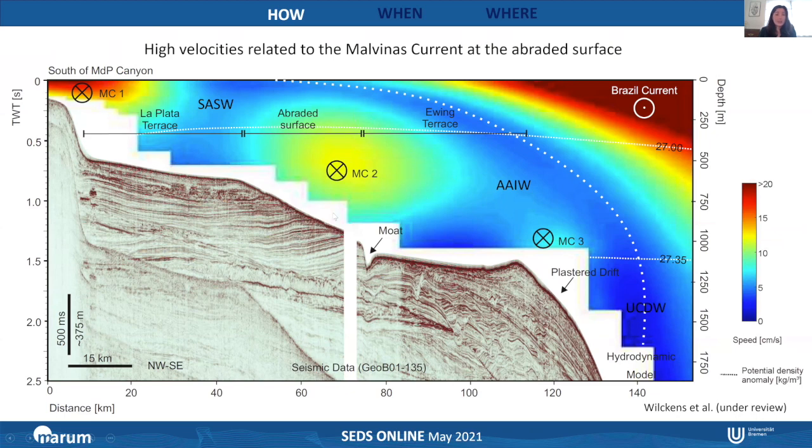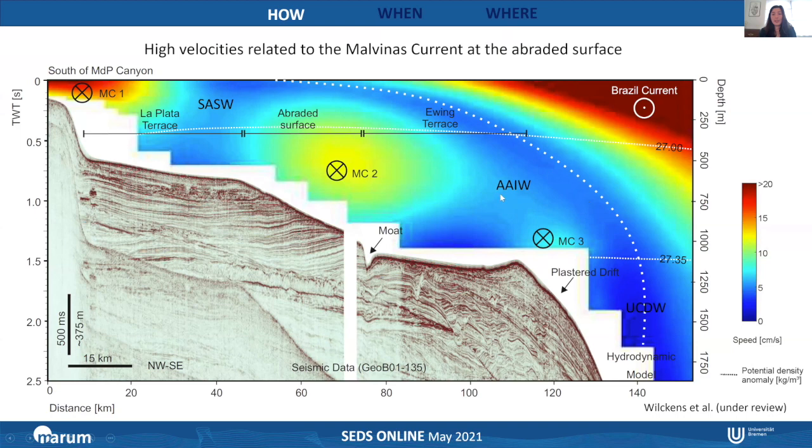And here you can see that in the zone where we see the abraded surface, there is a core of the current. The Malvinas current is mainly flowing along here, and that's why these strong currents are affecting the seafloor and eroding exactly the seafloor.